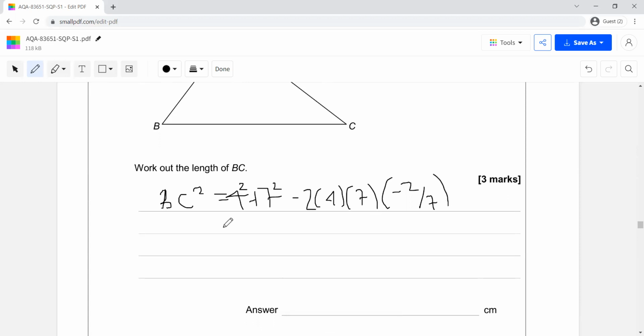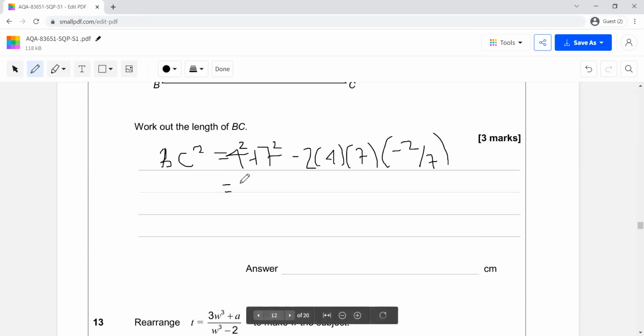So BC squared is equal to 16 plus 49 minus, but we know this minus will become a plus. We know that minus 2 times minus 2/7 is 4/7, and 4/7 times 7 is 4.